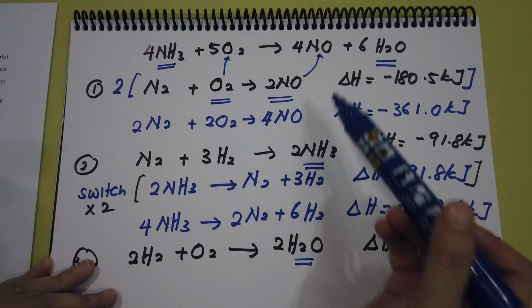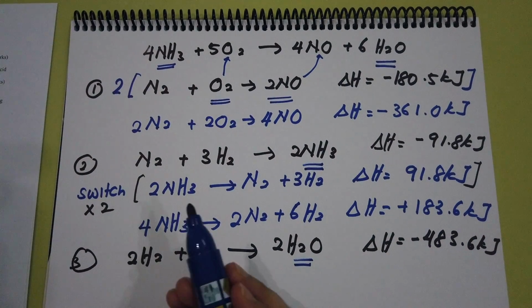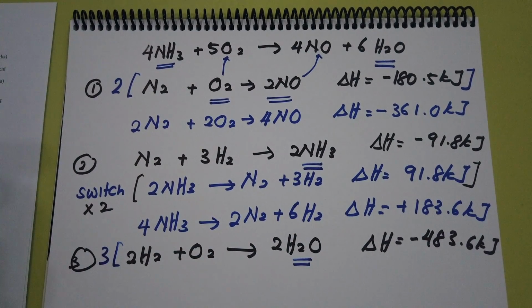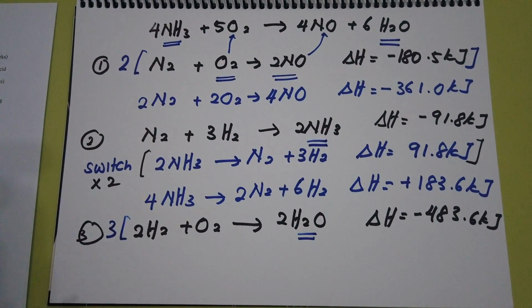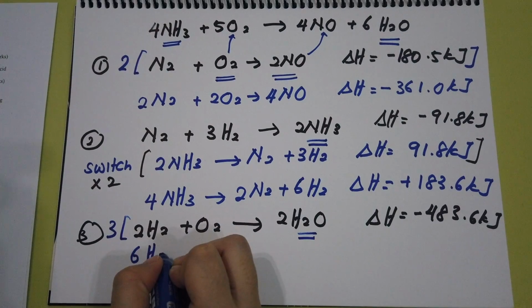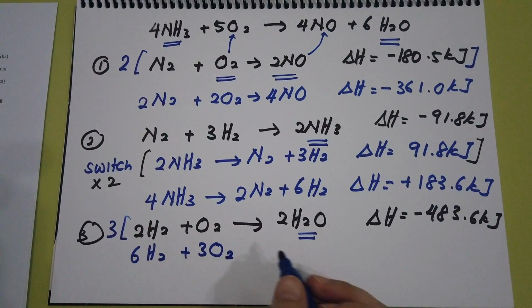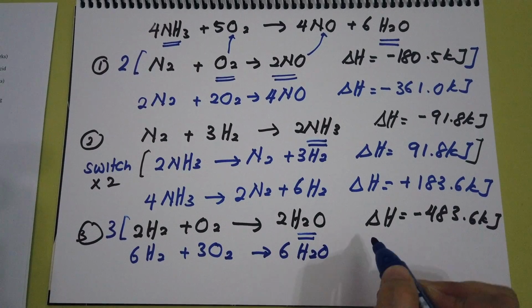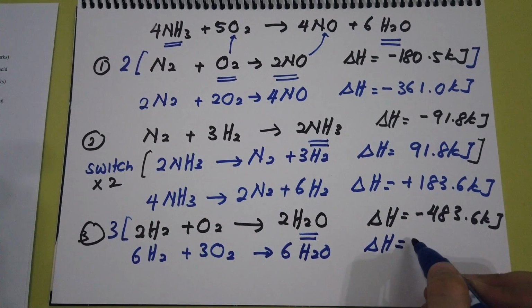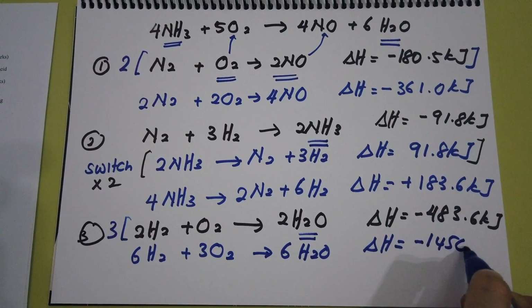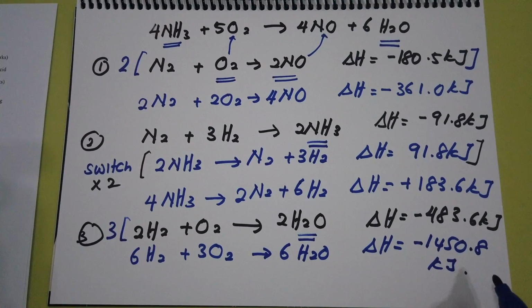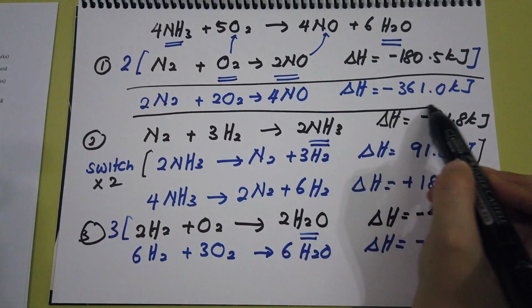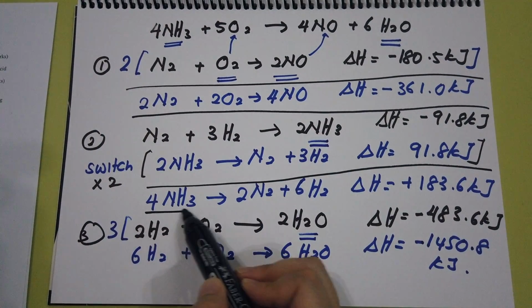So 2 to 6 means you need to times 3. All of it times 3, you should get 6H2 plus 3O2 will produce 6H2O, and your delta H should be negative 1450.8 kilojoules.